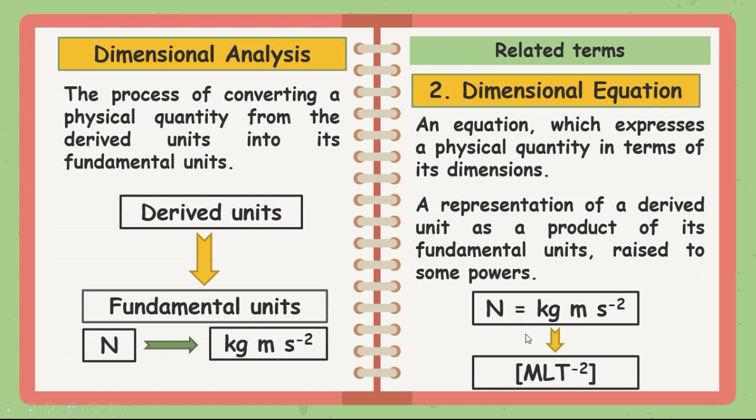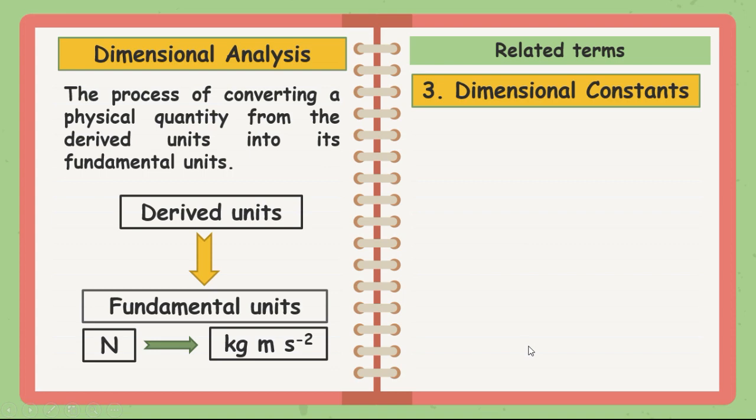We'll look at other interesting ones before the lesson ends. The third related term that should be known is dimensional constant. Basically, these are constants that have dimensions.